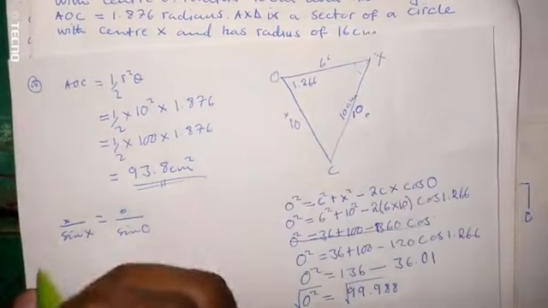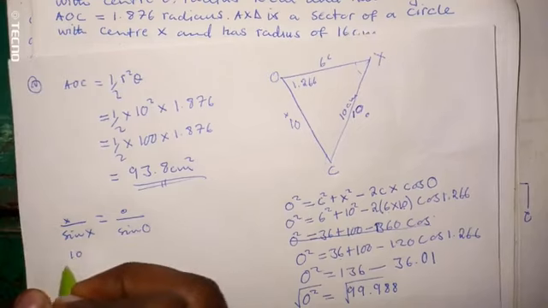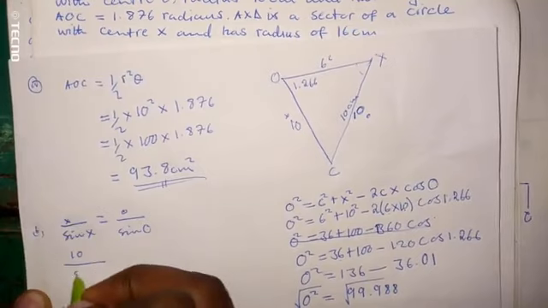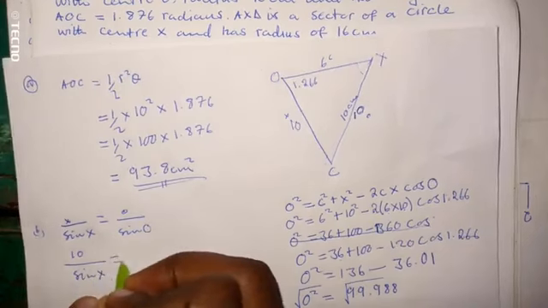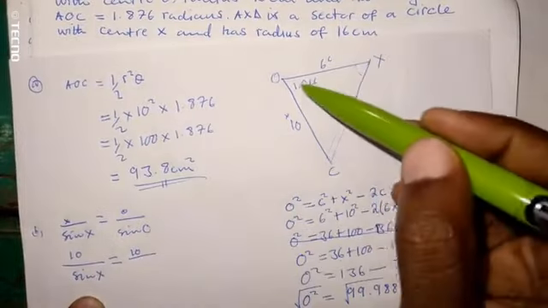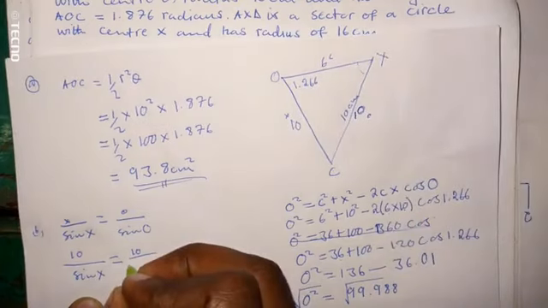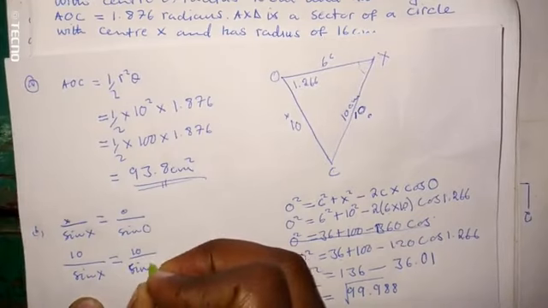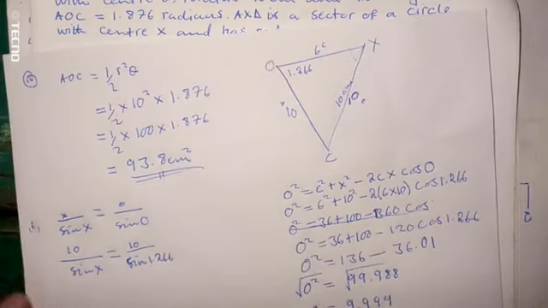So we replace what we have been given. There is 10 over sine X, which we don't have, is equal to O, which is 10, over sine 1.266.